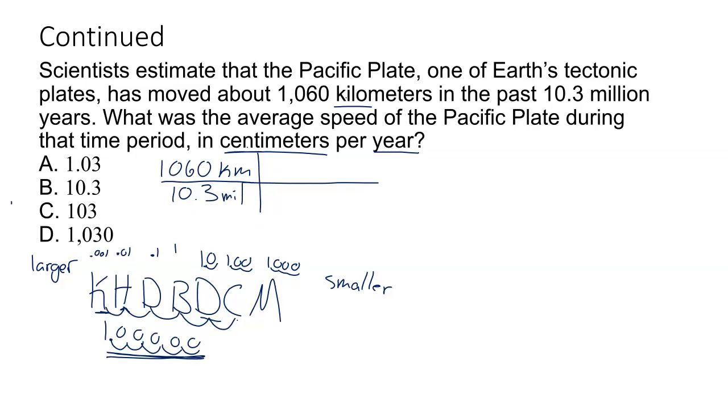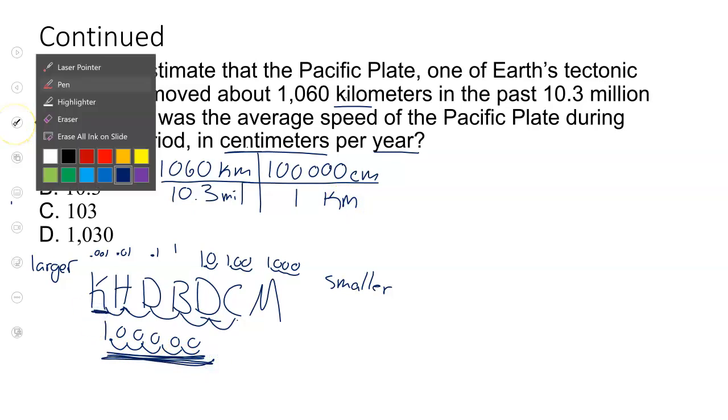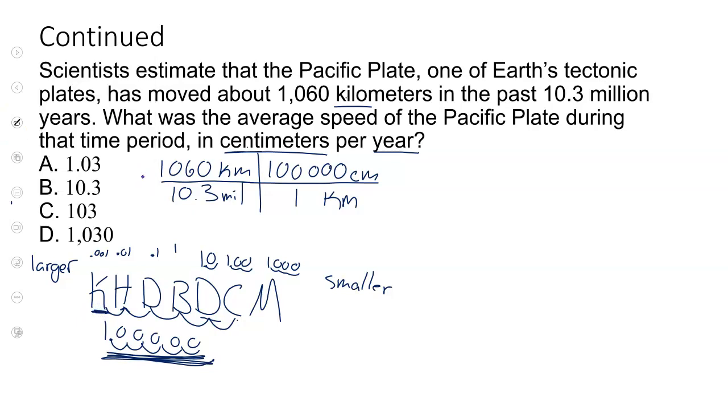And what I want to do is I want my kilometers to go away. So I know that there's 100,000 centimeters in 1 kilometer. 100,000 centimeters in the 1 kilometer that I started with. And the reason I have the centimeters on top and the kilometers on the bottom is because if I have kilometers divided by kilometers, those go away, leaving me with my centimeters.